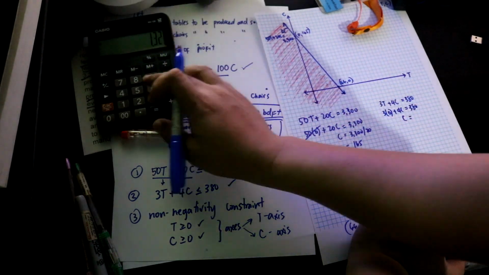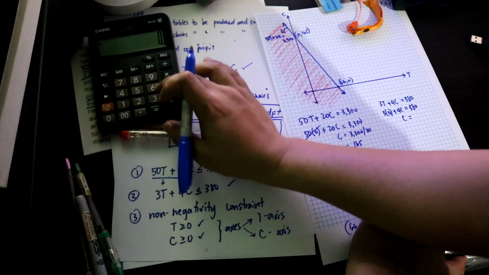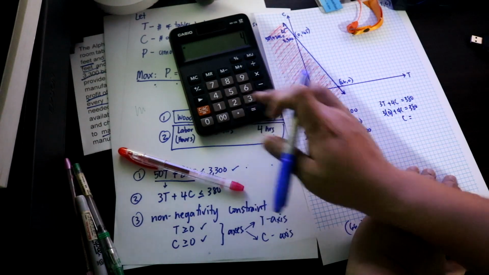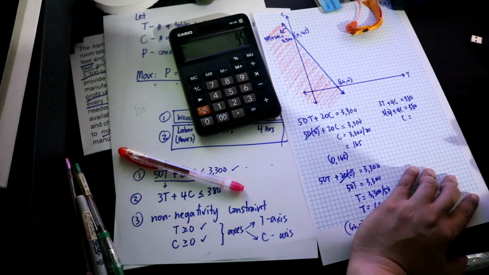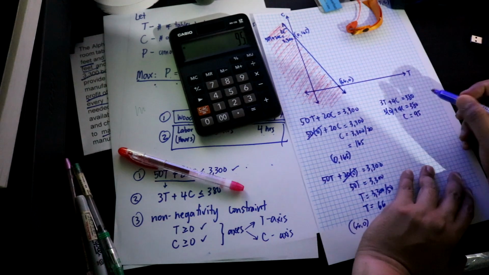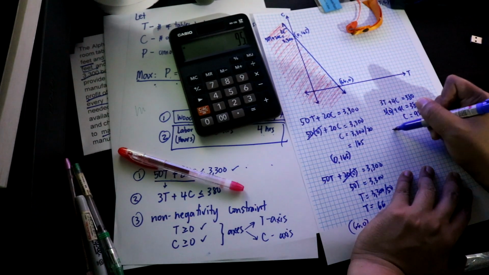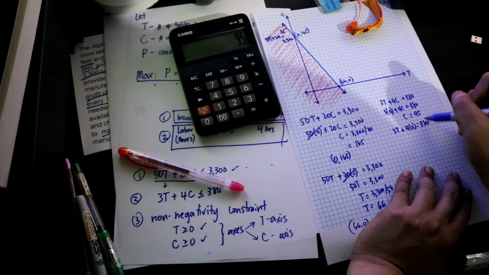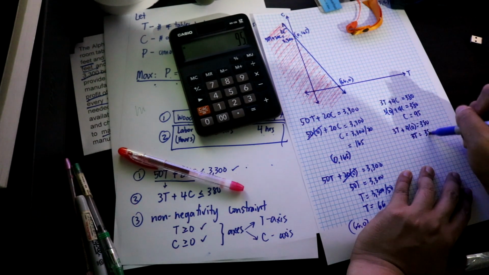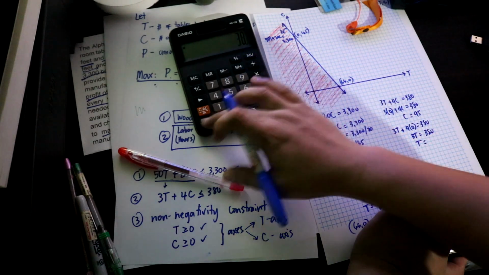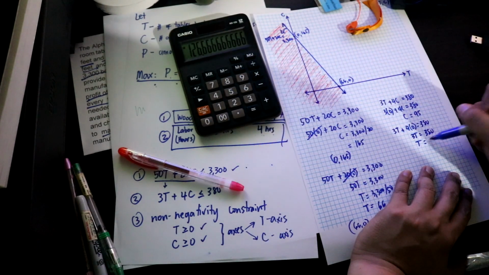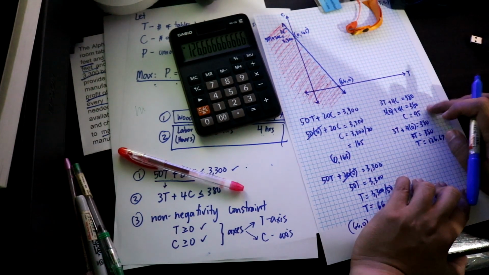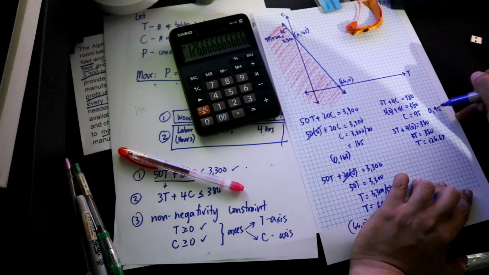C would now be equal to 380 divided by 4. That's 95. Now, if c is 0, then 3t plus 4 times 0 is equal to 380, so 3t is equal to 380. T is equal to 380 divided by 3, 126.67. So we have here the points (0, 95) and (126.67, 0).